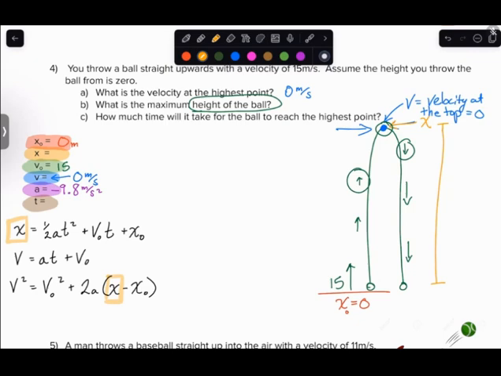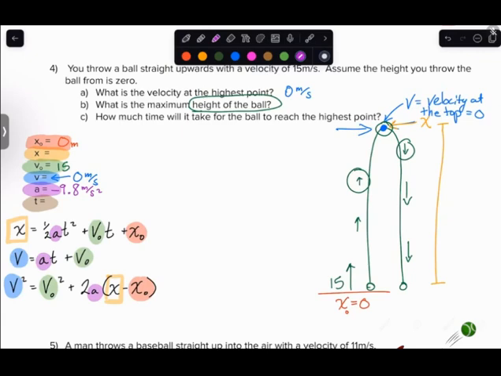And then I'm going to go through and highlight the things I know. I know the starting position. I know the starting velocity. I know the ending velocity is 0 at the top. I know the acceleration, but I do not know time.